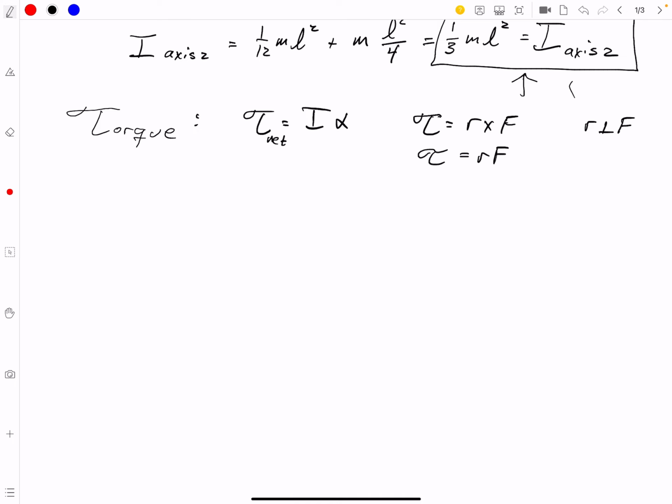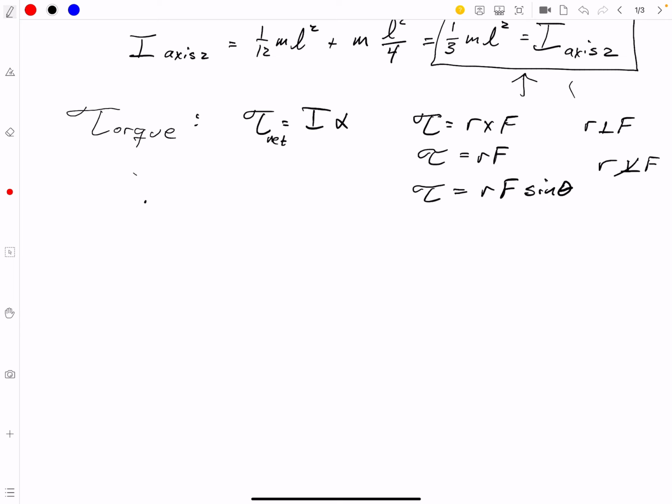So when it's not, it's RF sine of theta, which is the angle between them. So when R is not perpendicular to F, what does that look like?